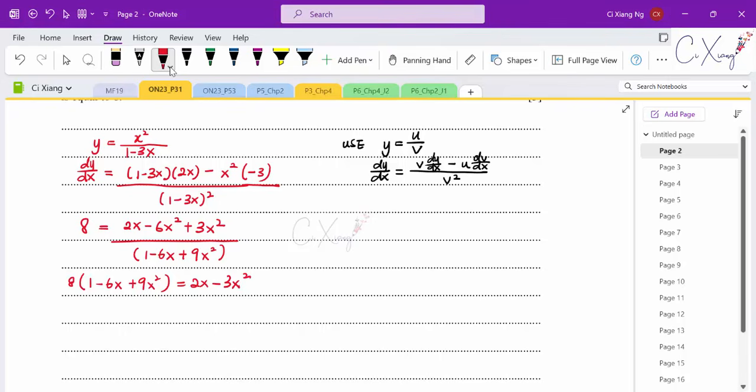Alright, then you try to expand the bracket, everything, and group all the terms at one side. If we didn't make any careless mistake, by right we'll get this quadratic equation in terms of x.